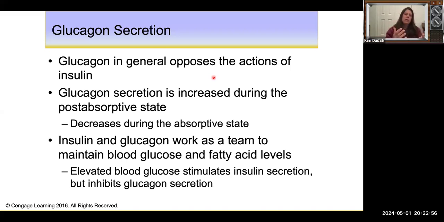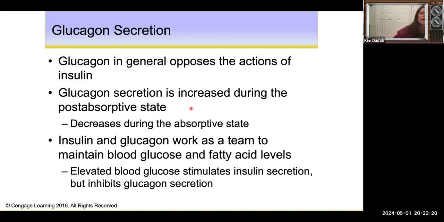However, glucagon is another hormone coming from the alpha cells of the pancreas, and the alpha cells will increase their release of glucagon, and glucagon in general opposes the action of insulin. So it will do things that will increase the amount of glucose in the bloodstream.